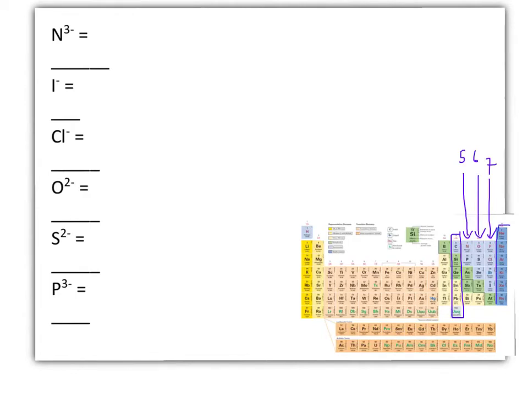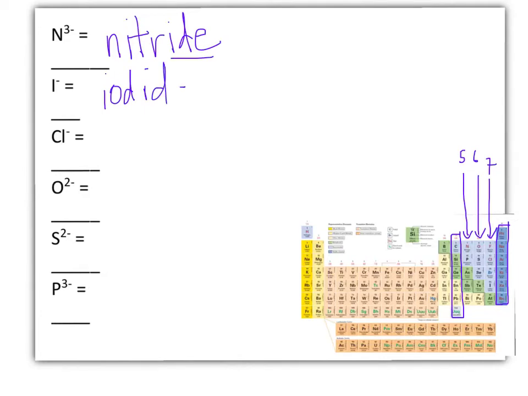And family 8 are the noble gases, and so they already have 8. So the way that we name these, and this is one of the harder ones personally, I think, is instead of nitrogen ion, it's the nitride ion. Instead of the iodine ion, it's iodide ion.